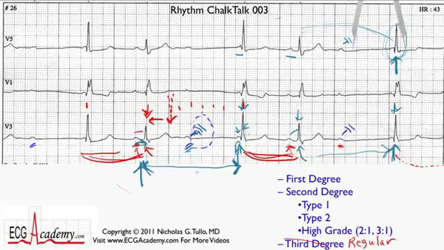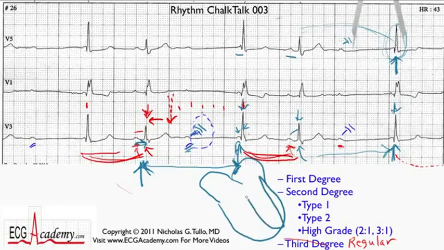Let me try to explain what's happening here. So you've got your 2 atria, right? And then you've got your ventricles. And if you think of the conduction system as being the AV node, and then your His bundle, and then your bundle branches, the right bundle branch and the left bundle branch.